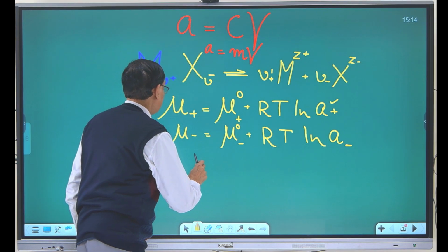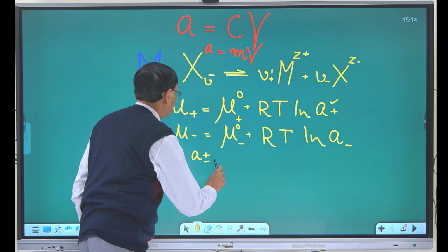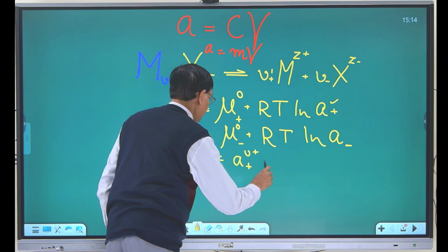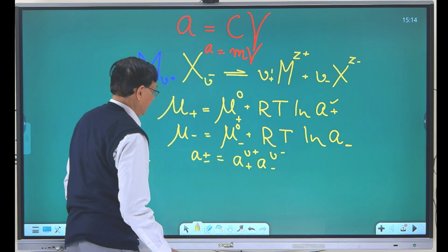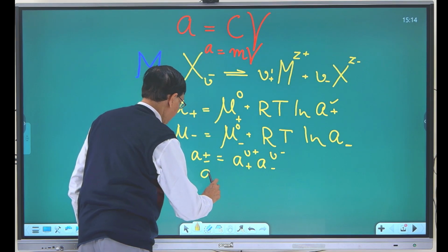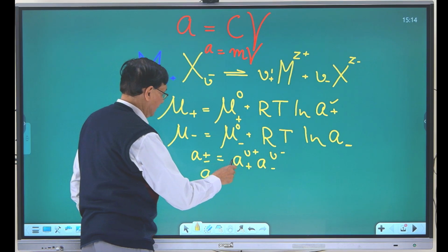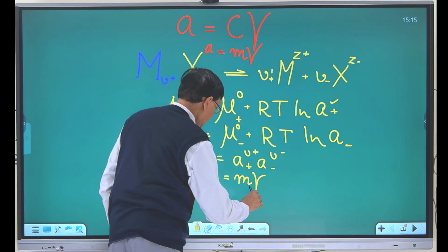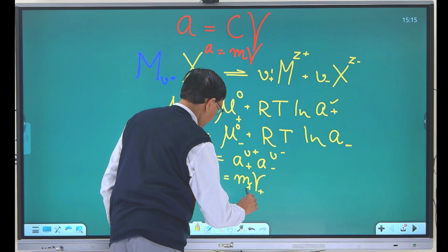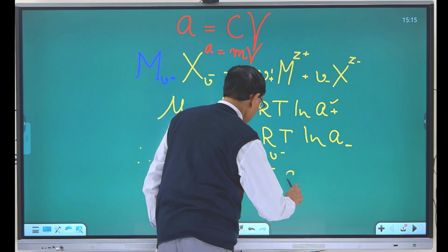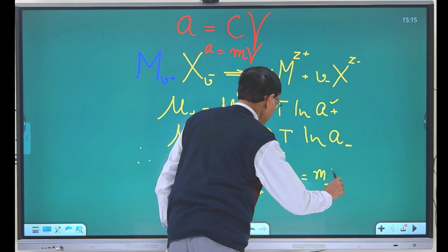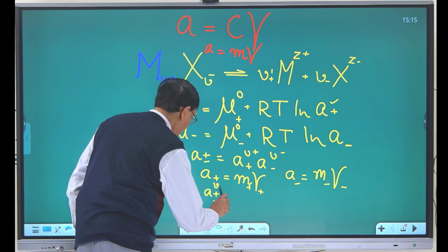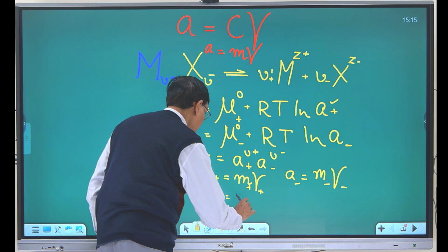So for the cation I can write M plus and gamma plus, and for the anion M negative and gamma negative.